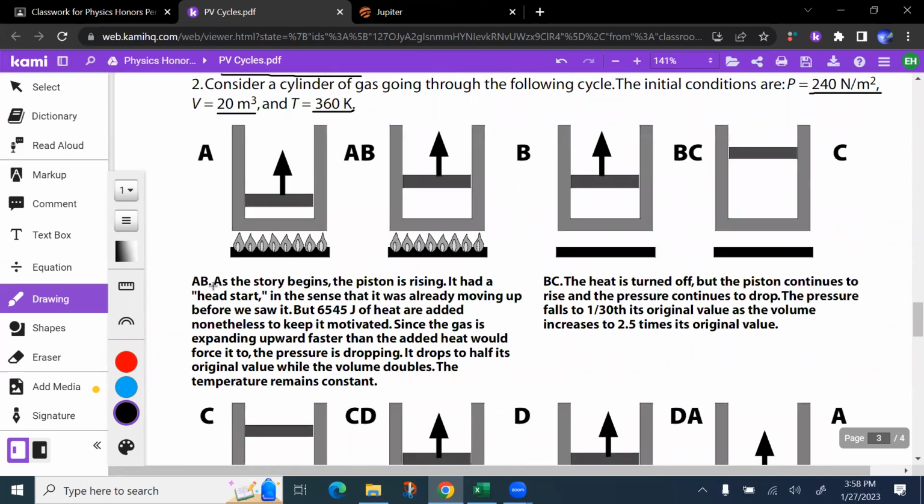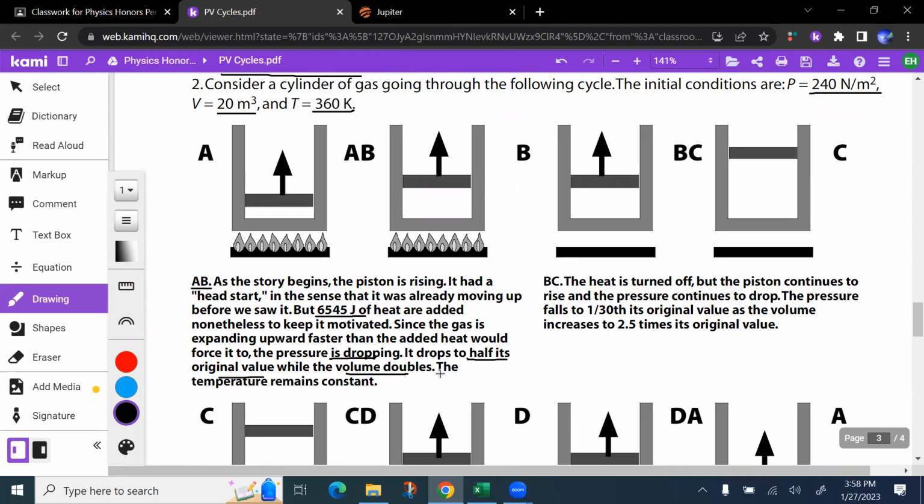So from A to B, as the story begins, the piston is rising. It had a head start in a sense that it was already moving up before we saw it. But 6,545 joules of heat are added, nonetheless, to keep it motivated. Since gas is expanding upward faster than the heat would be forcing it to, the pressure is dropping. It drops to half of its original value while the volume doubles.